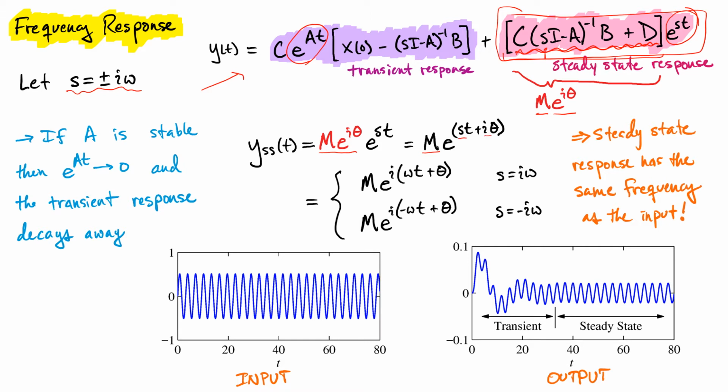In the case where s is this purely imaginary value, when it's positive, s becomes i omega, and we get a term that looks like this. If it's negative i omega, then we get a term that looks like this. And so that means the steady state solution looks like these solutions.